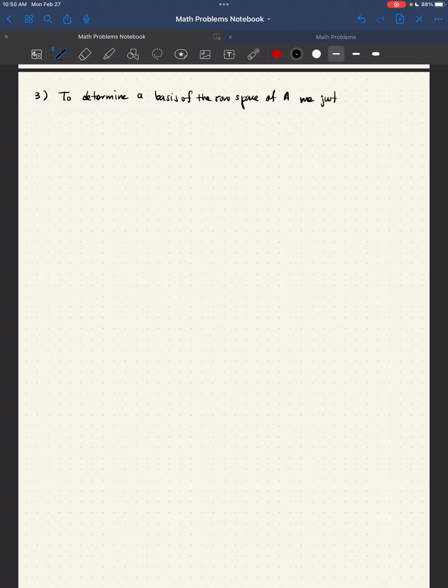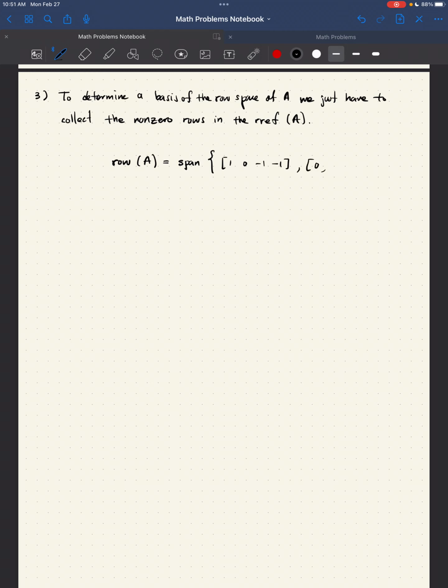We just have to collect the non-zero rows in the row reduced echelon form of A. In other words, the row space of A is nothing else but the span of the following set: (1, 0, -1, -1), (0, 1, 3/2, 1).